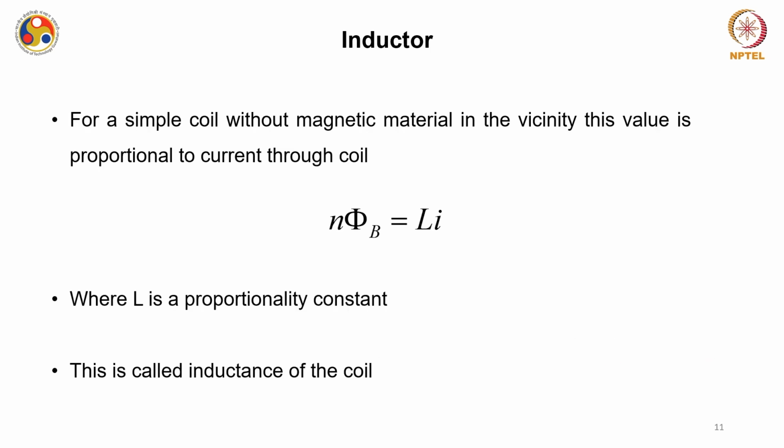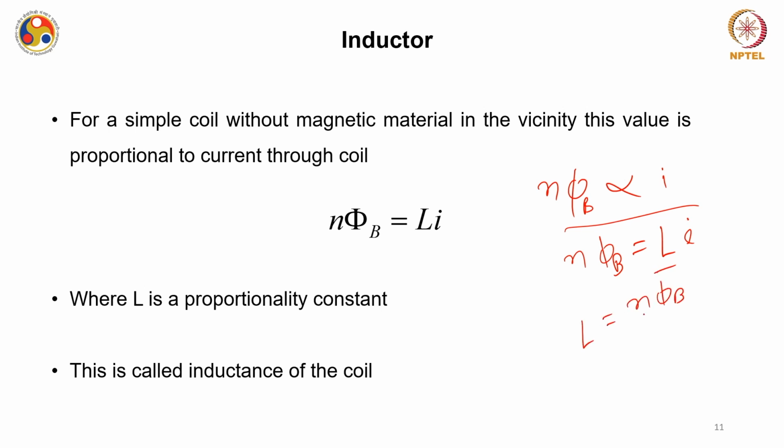For a simple coil without a magnetic material in the vicinity, this value is proportional to the current flowing through the coil, or N phi B is proportional to I. Now, if I want to remove this proportionality, I have to introduce one constant, and N phi B will be equal to some constant, say L into I. This L, which is equal to N phi by I, is known as the self-inductance of the coil, right?